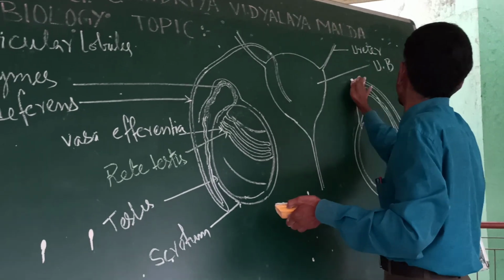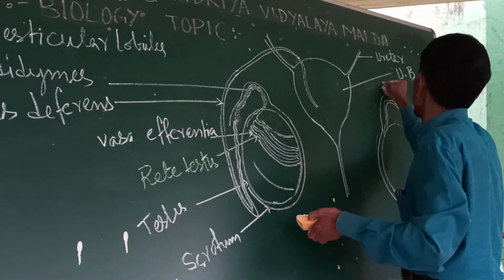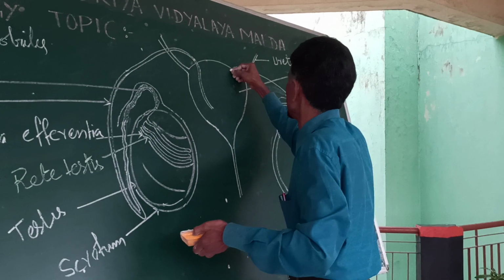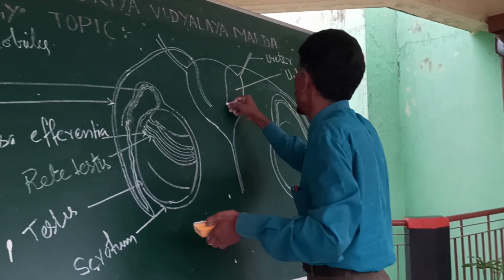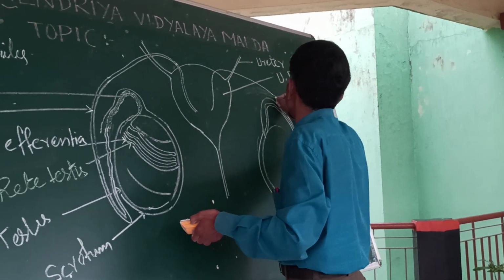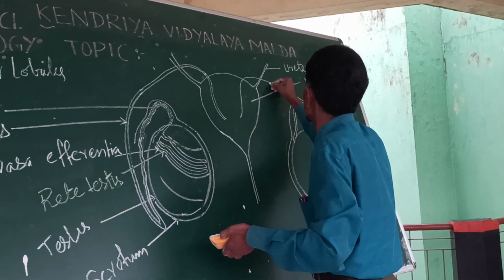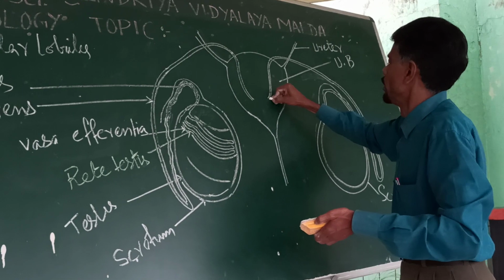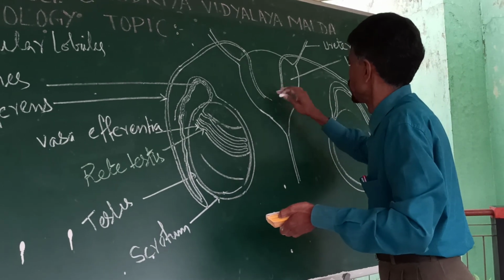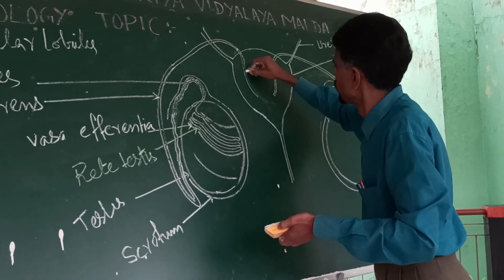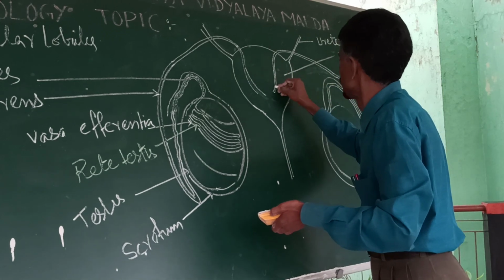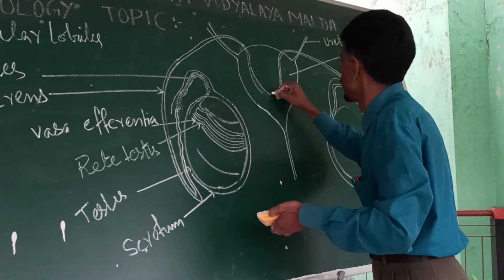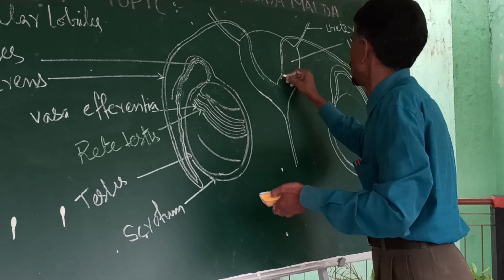This is the right vas deferens, making a loop over the urinary bladder.